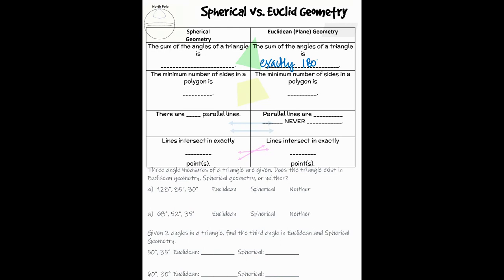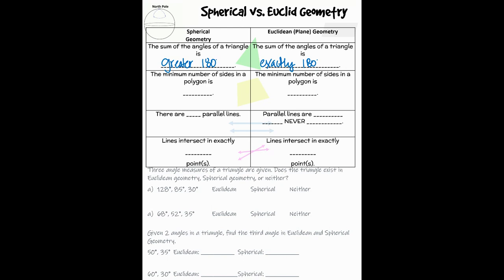Now, the sum of the angles of a triangle in spherical geometry is always greater than 180 degrees. And that's because we are on a sphere, and it works out that all three angles can be 90-degree angles or bigger. We can't do that in our flat world.